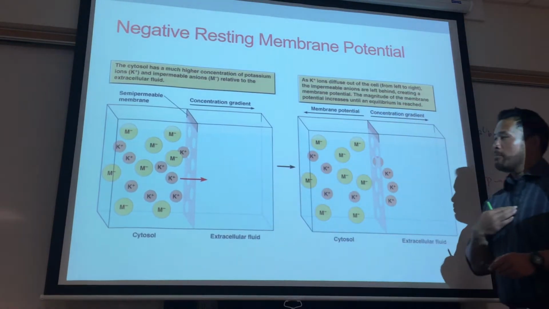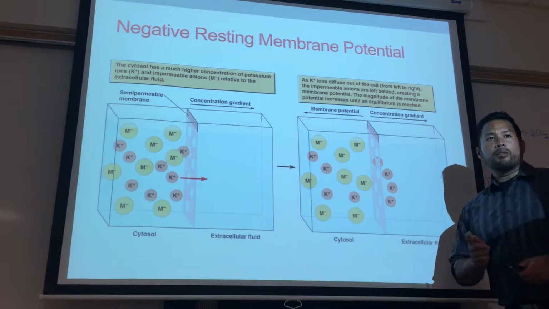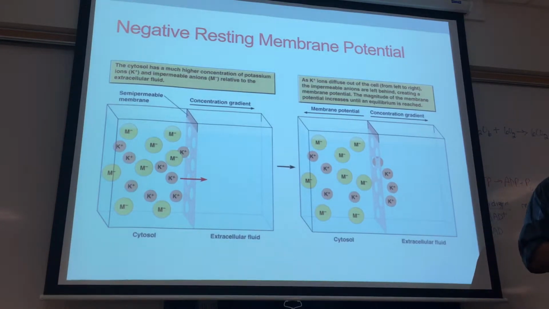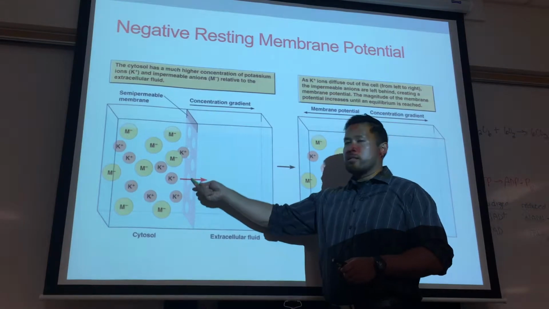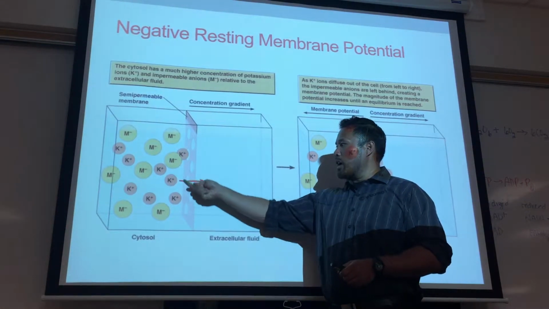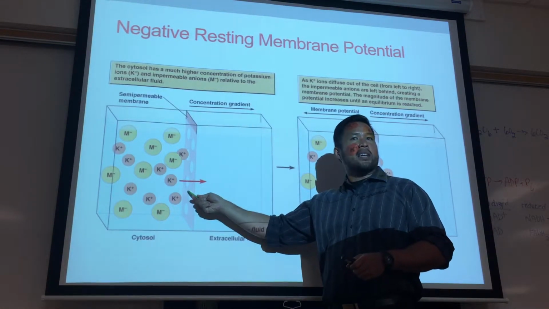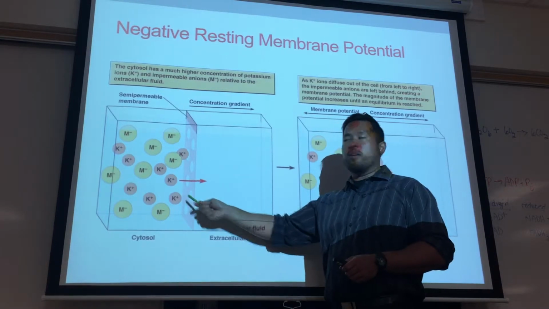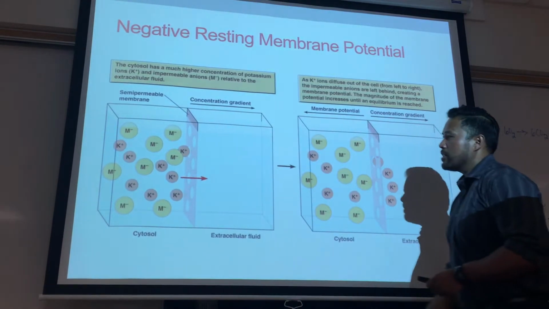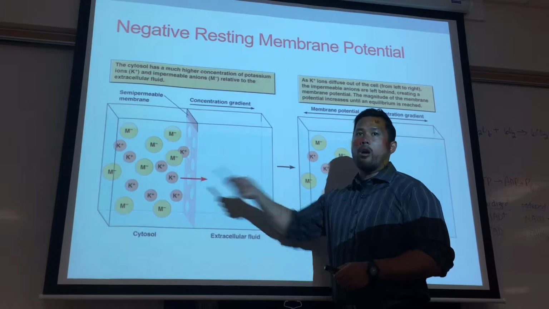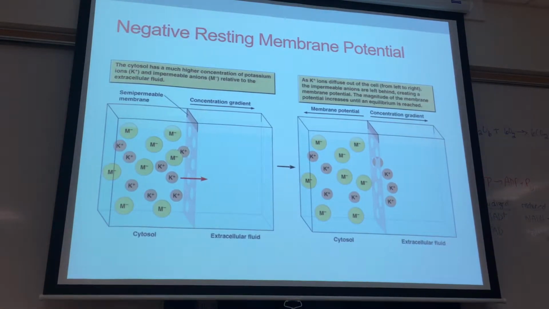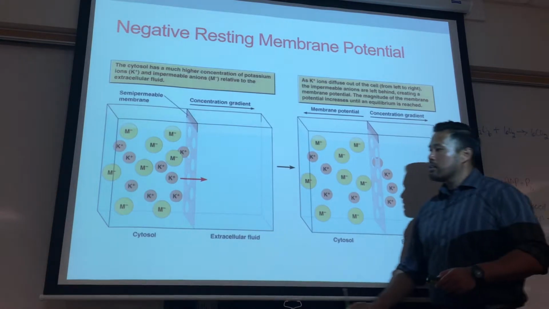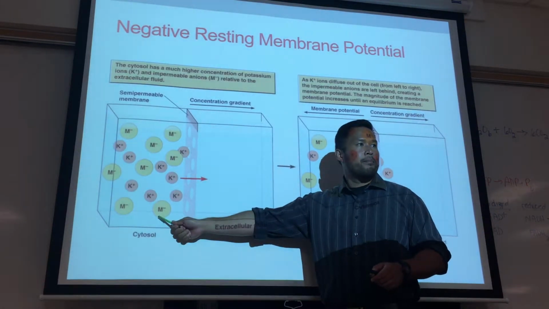And you'll note that the semi-permeable membrane only allows certain ions to move through. In this case, these are channels, particularly channels that remain open for potassium, or leaky potassium channels. That's the only thing that can move through because these channels are always open. Looking at this, you'll see that the concentration of potassium is highest in the cytoplasm.